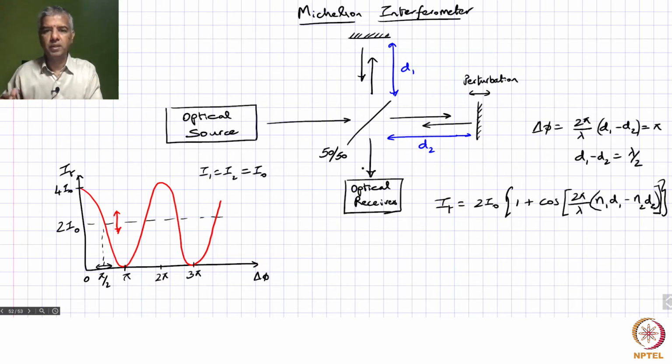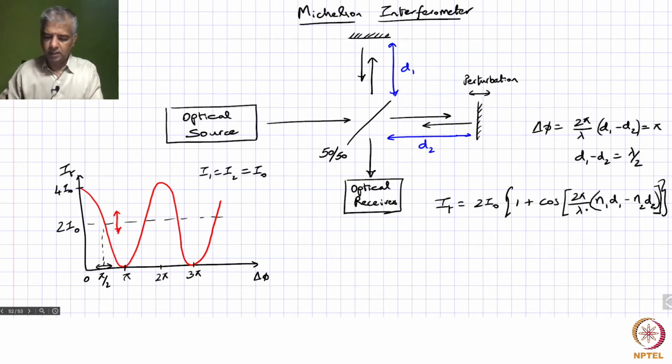The photodiode essentially looks at the beating of those two fields, and the corresponding intensity that we get, we derived it as something like this.